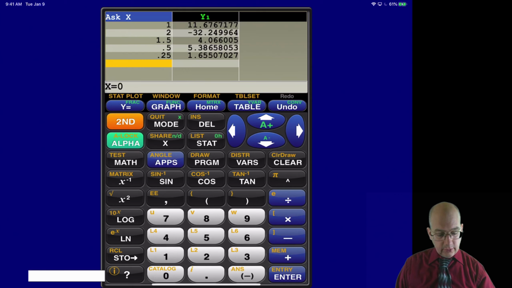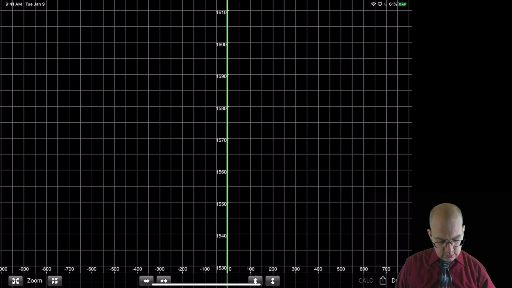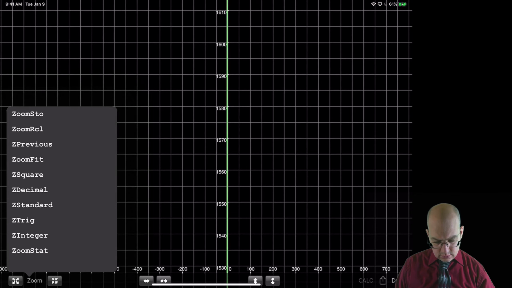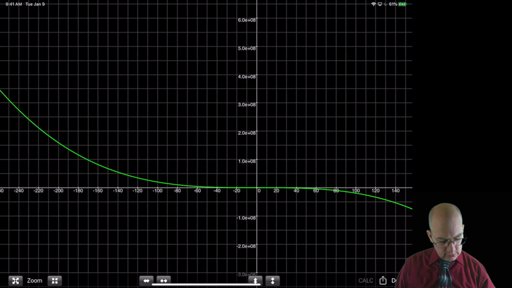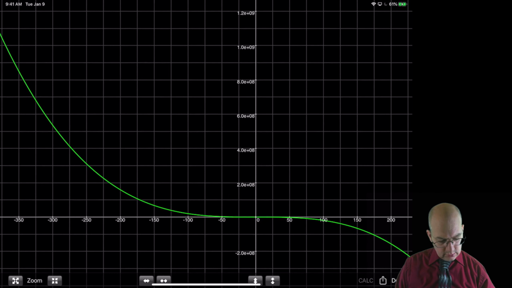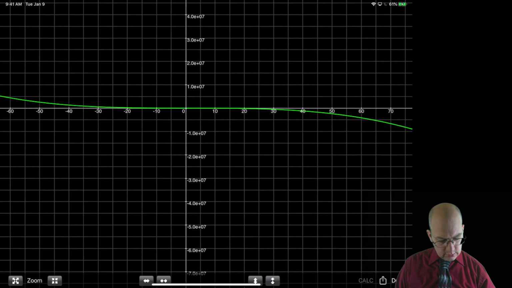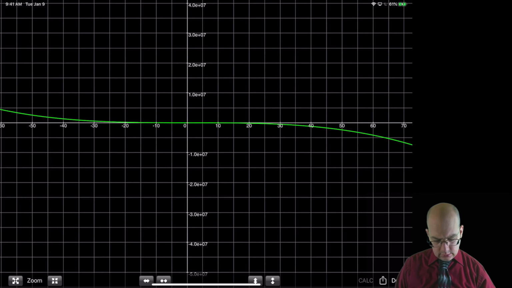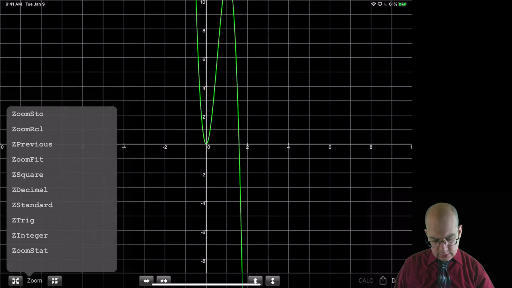It looks like, well, let's see if we can graph this thing. Zoom fit. That looks standard.